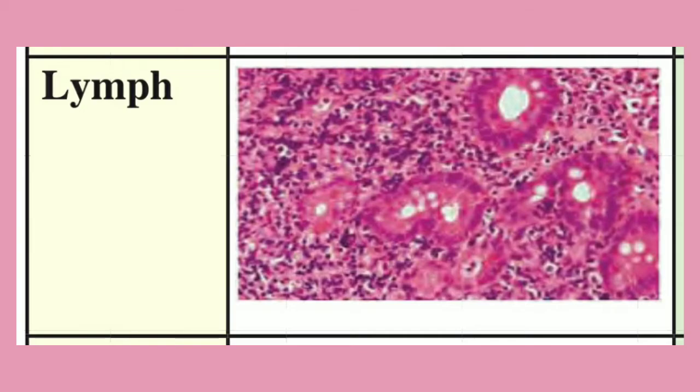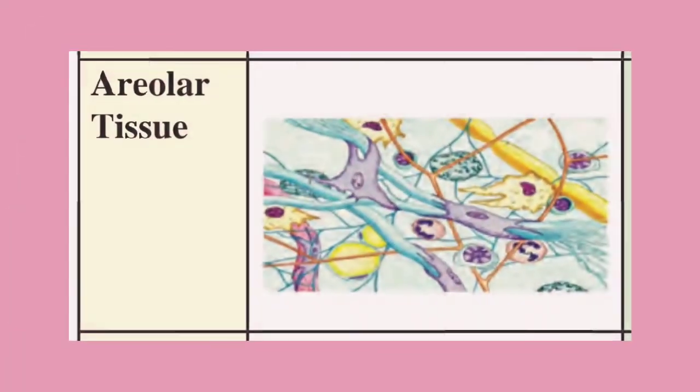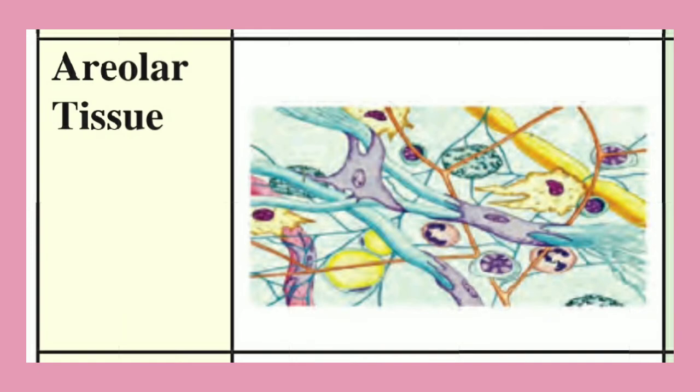The next type is areolar tissues. They are present between the skin and muscles and also around blood vessels. Different types of cells loosely arranged and supported by a jelly-like ground substance and elastic fiber. Their function is to support the internal organs.